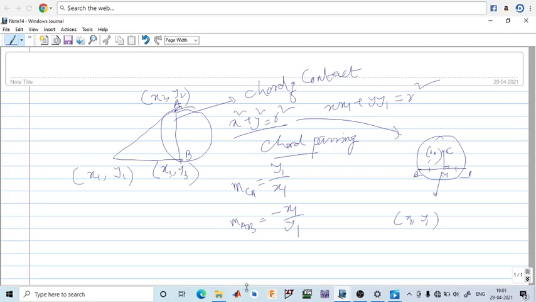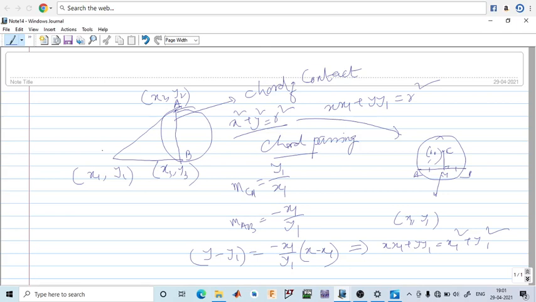Then if I write the equation, I will write y minus y1 equals m of AB, that is this. From here you will get xx1 plus yy1 equals x1 square plus y1 square. Clear? If we take the positive part along one side, then you will get this type of equation.